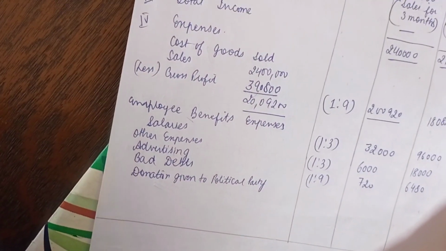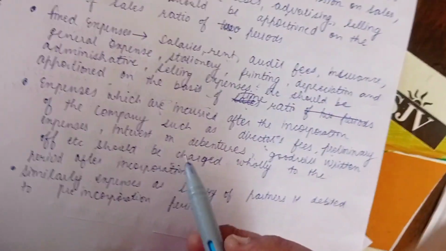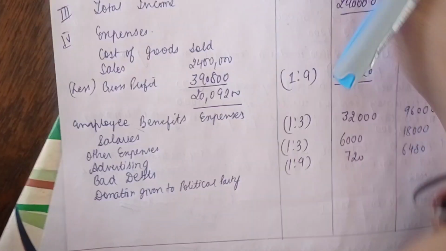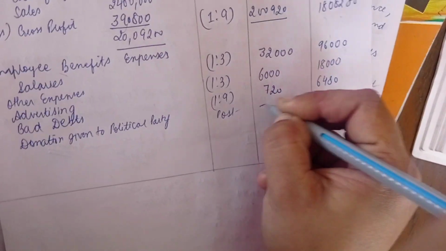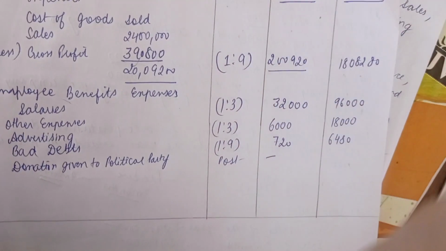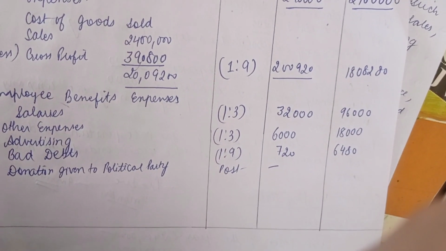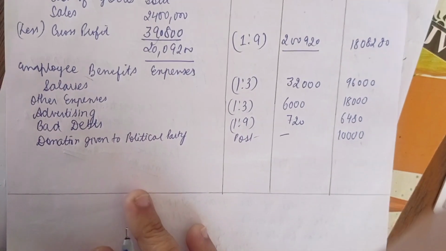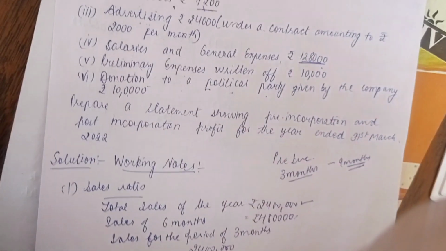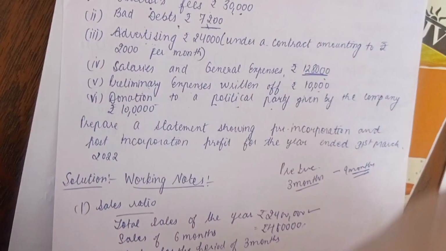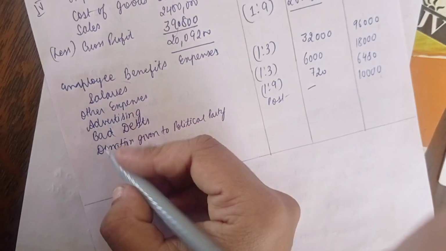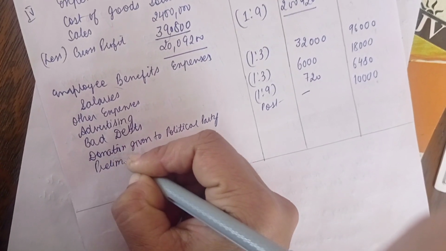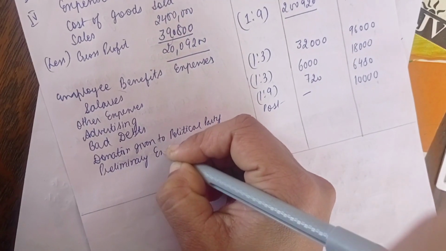Now, as we discussed earlier, some expenses are related to the post-incorporation period. So the whole amount will be transferred to the post-incorporation period. That is 10,000 rupees. Now the next is preliminary expenses. These are also related to the post-incorporation period, as we have discussed earlier.